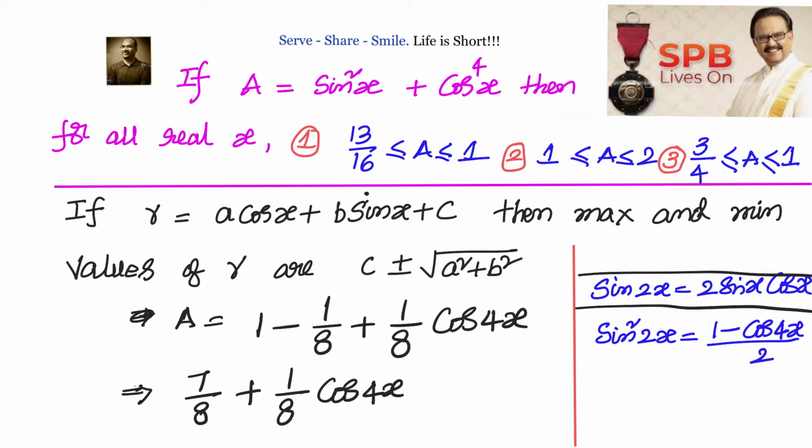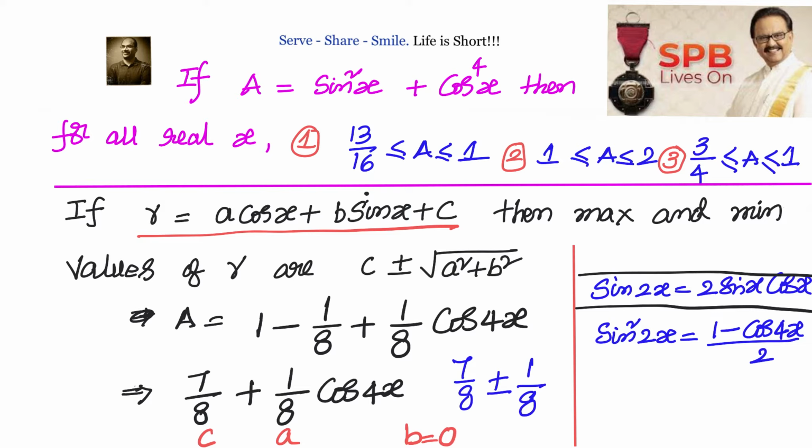Now if we compare with the formula here, we see c is here and a is here and b is 0. So we can substitute in the formula. The values will be c, 7 by 8, plus or minus root of a square plus b square. That is, root of a square is a, so 7 by 8 plus or minus 1 by 8.